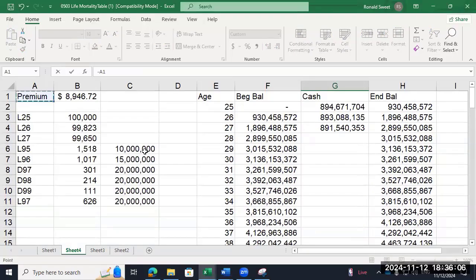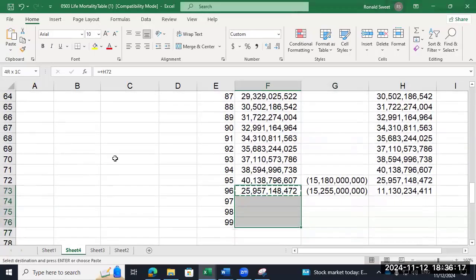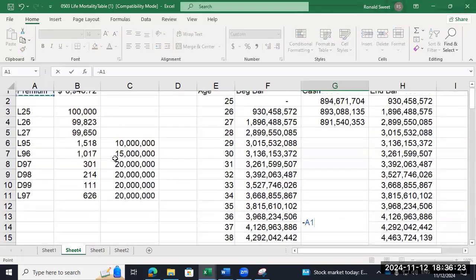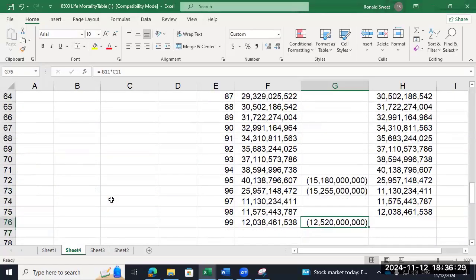At 96, you're going to pay 1,017 people, $15 million. It's going to come out of your balance. That's going to go on until age 99. Then at age 99, you're going to pay 626 people their estates, $20 million.